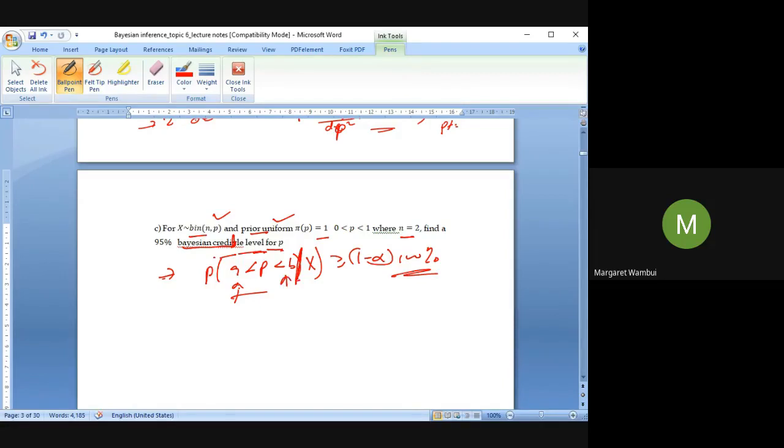So what we are supposed to be looking for are these two values. The probability that your P lies between some two values, A and B. So the question now is, what do I do when I have such a case? In our class, we looked at the example where we had a normal distribution, so it was easy to go about it. Now, how do I go about this?